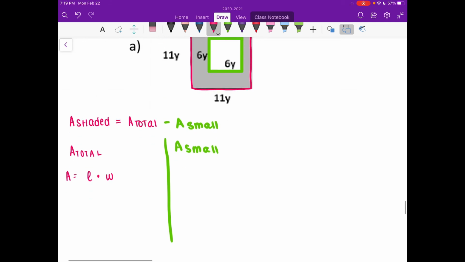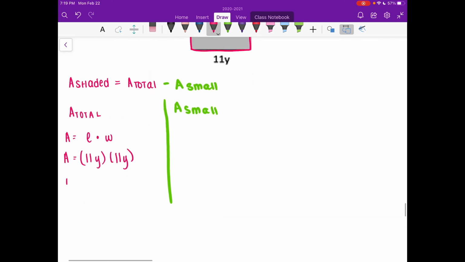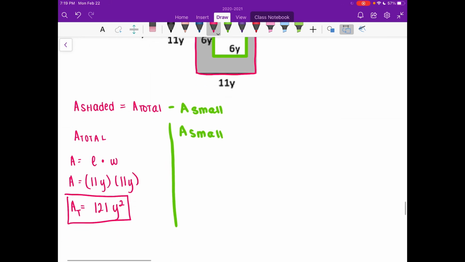And our length is 11y, and always put it in brackets, multiplied by, our width is also 11y because it's a square, so they're the same. And our area is equal to 11 times 11 is 121. Y times y is just y squared. So that's the area of our total. That's the area of the big box. Now let's find the area of the small box.